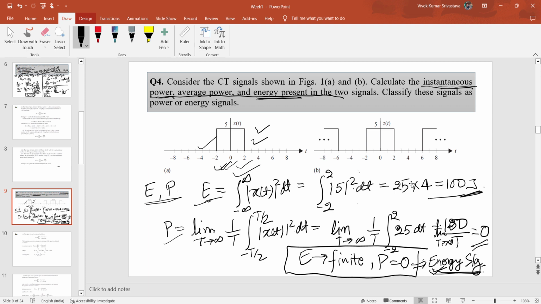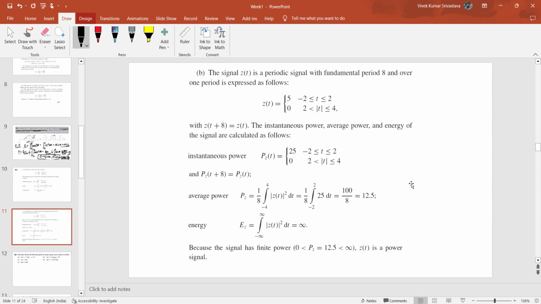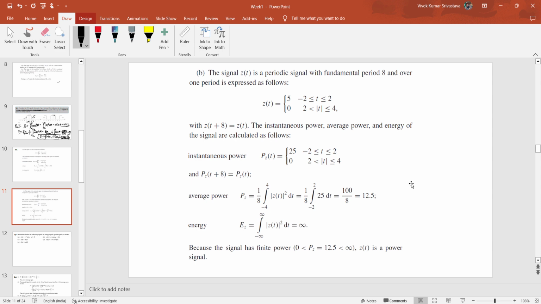As I did for this first figure, similarly we can determine whether this second signal is an energy or power signal. First of all we will write this signal, which is equal to 5 for t between -2 and 2, and this is 6 basically.